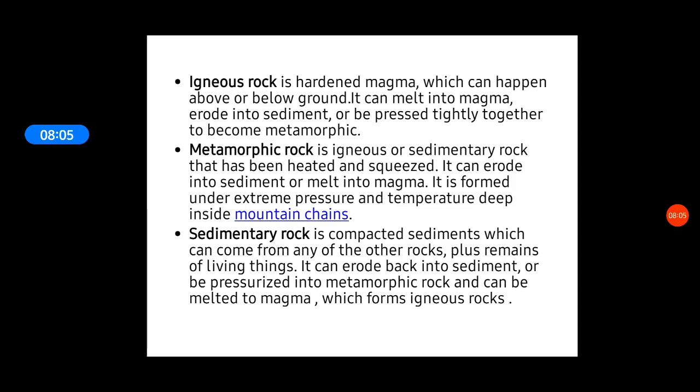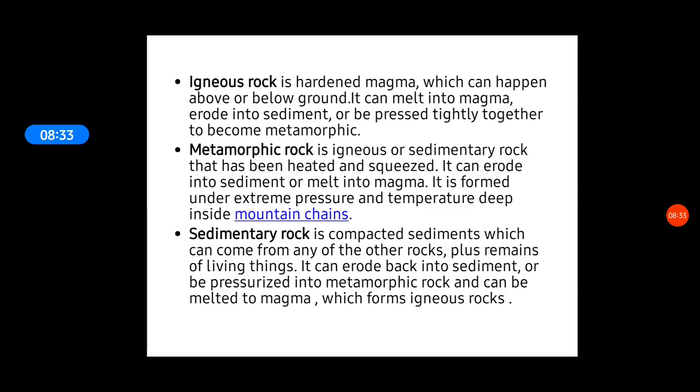When their form is changed, they become metamorphic rock. It is formed under extreme temperature and pressure deep inside mountain chains. We all know deep inside the mountains, we have a lot of tectonic happenings. Mountains are formed out of tectonic activities. This is known to all very well. When two tectonic plates collide, sometimes they form a mountain when they move above the surface. If they move below the surface, they form valleys.